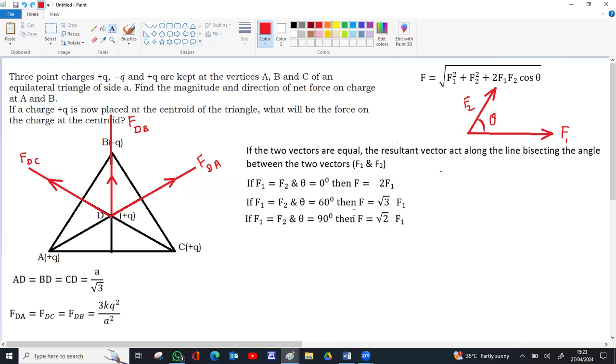Now the third case, if the two vectors are at 120 degrees, cos 120 is minus 1 by 2. So 1 by 2, 2 will go, with a minus. So F1 square plus F1 square minus F1 square. So one F1 square gets cancelled, just one F1 square totally will come. So root of F1 square will be just F1. This is an important result.